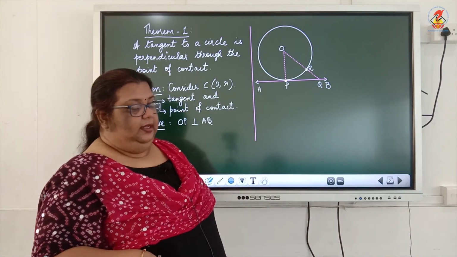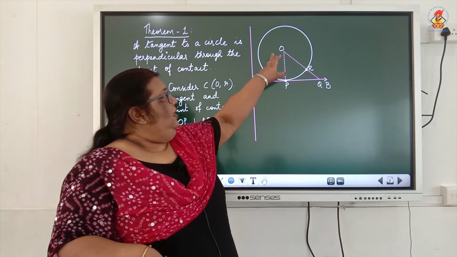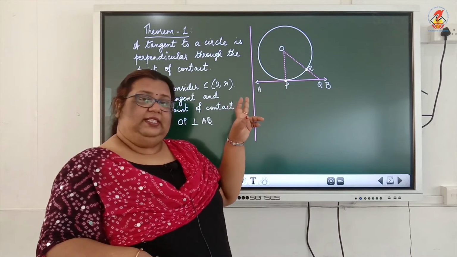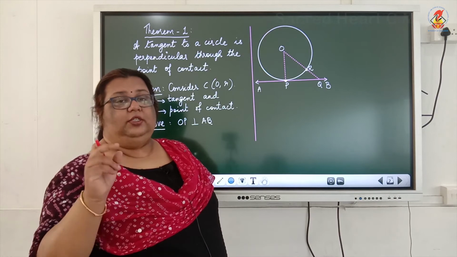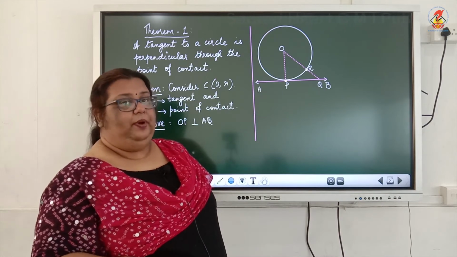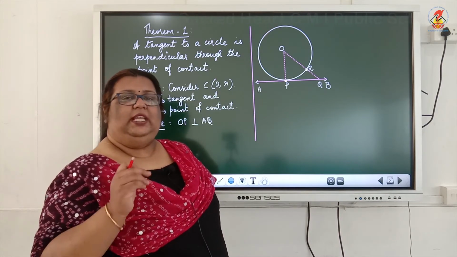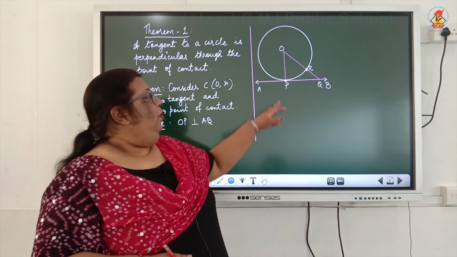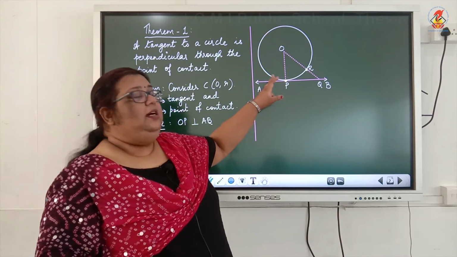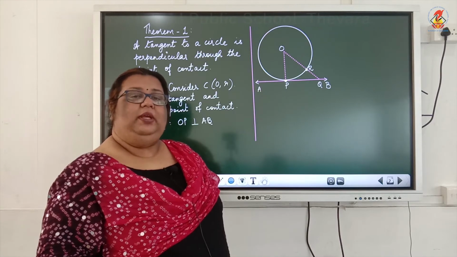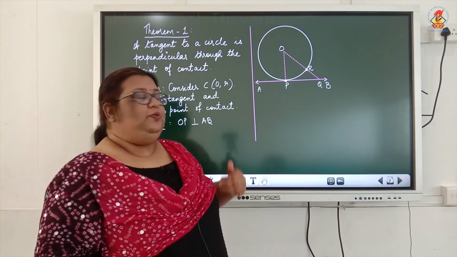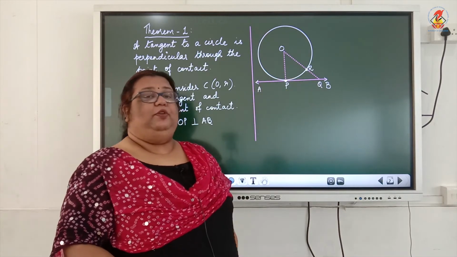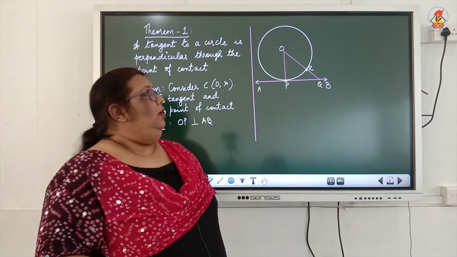We know that among all the line segments drawn from the center to the line, the shortest one will always be the perpendicular one. So it is enough to prove that OP is the smallest line segment drawn from the center to AB. For that we are taking another line segment called OQ.